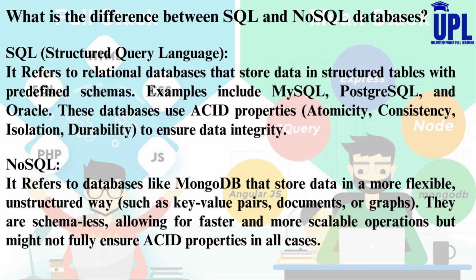NoSQL, it refers to databases like MongoDB that store data in a more flexible, unstructured way, such as key-value pairs, documents, or graphs. They are schemaless, allowing for faster and more scalable operations, but might not fully ensure ACID properties in all cases.